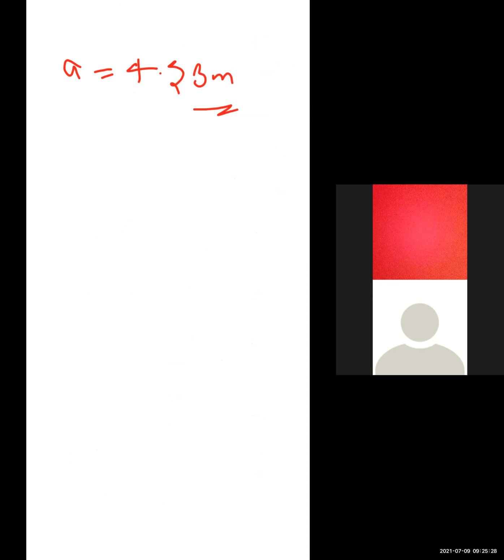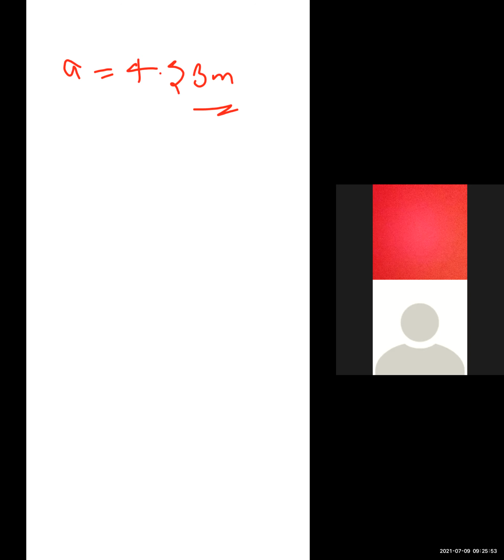So this is the vertical location of tile. Also we have to find central position, location of center of pipe, center of tile drain from ground level.